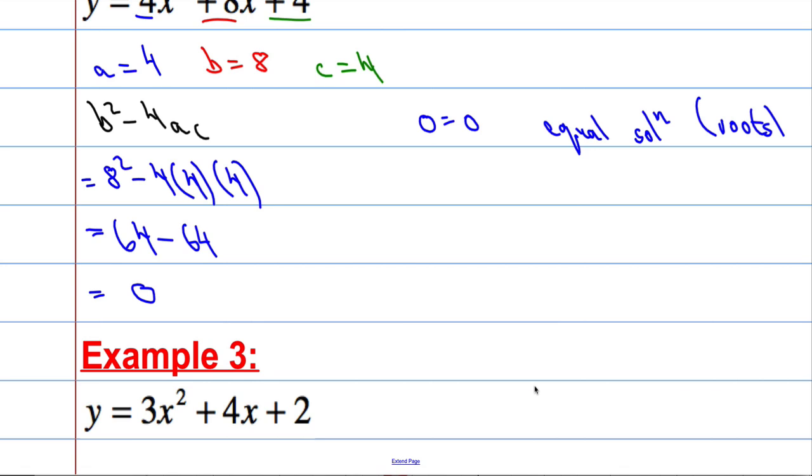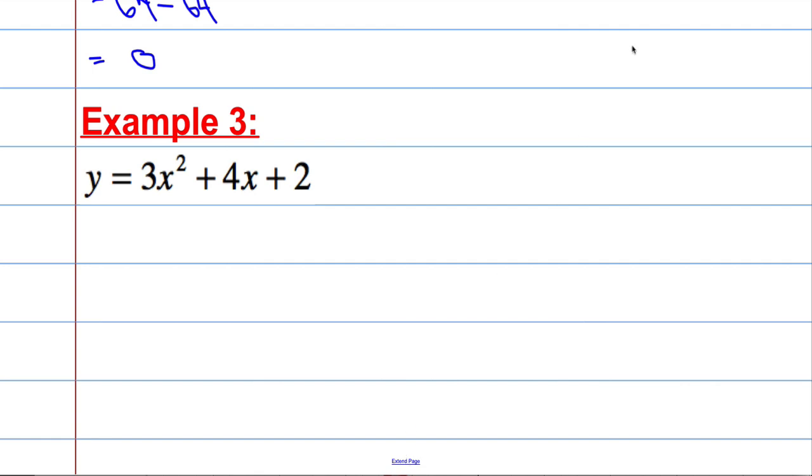So example 3. Again, I'm going to write down a, b and c. a will equal 3, that's the coefficient of x squared. b will equal 4, the coefficient of x, and c will equal 2.